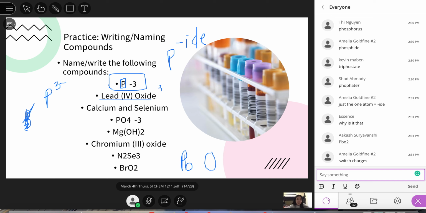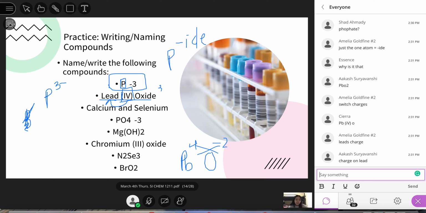Okay. What about the 4 here? What do we do with the Roman numeral? What does that stand for? Yes, it's the charge that goes with lead, by the way. I said this at another session, and I think some people didn't know that. The Roman numeral goes with the first transition metal you have. That's going to be 4, oxygen's -2, and then yes, you do switch it, so it's going to be PbO2.